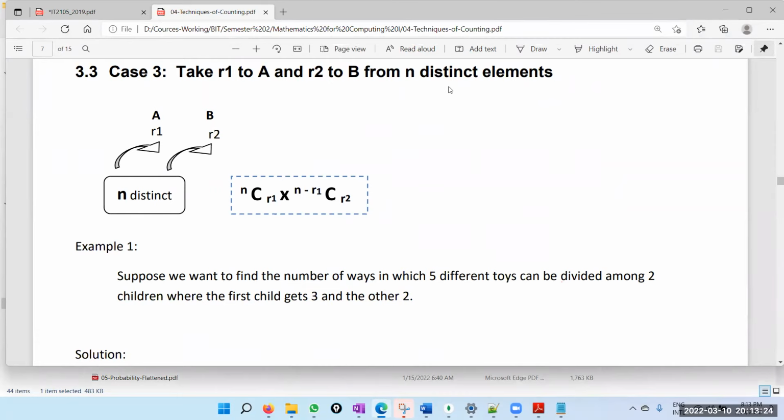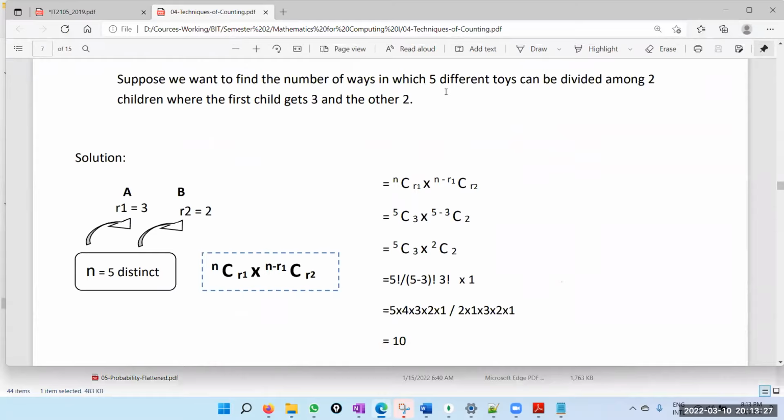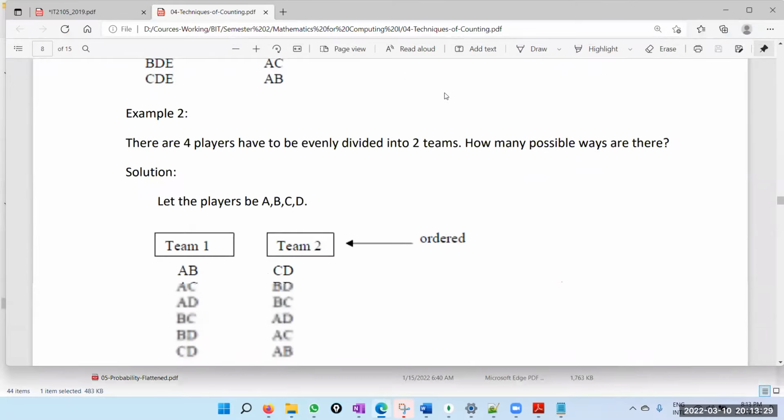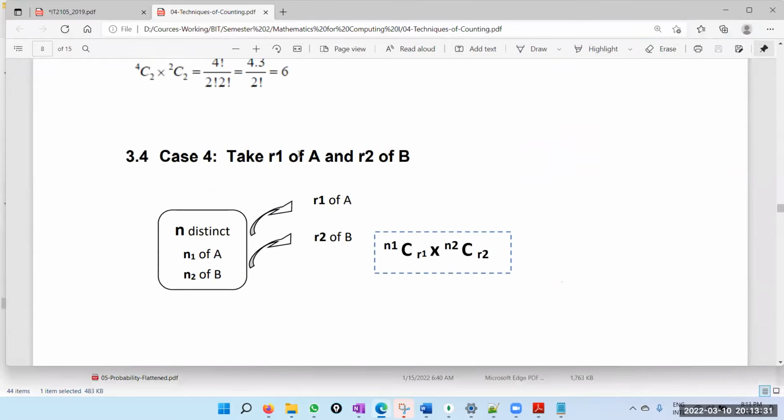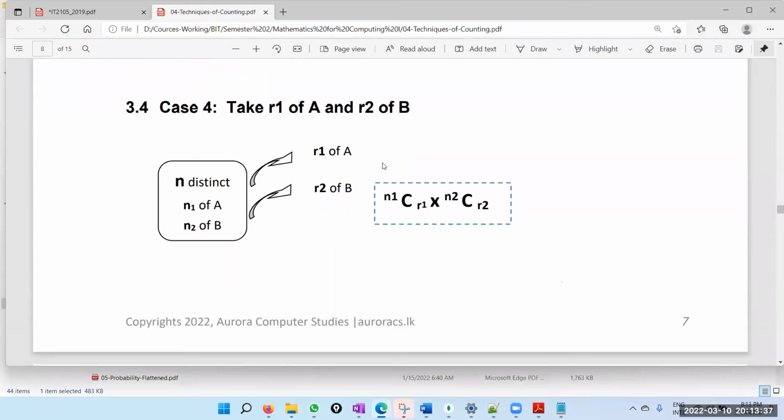Case 4. Take R1 of A and R2 of B. N1 C R1 into N2 C R2. Have possibilities they got.